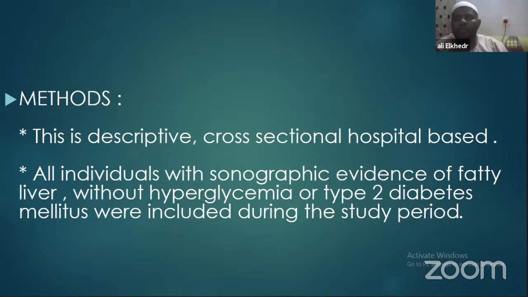They may have had an ultrasound scan for different reasons, but as a comment on their report, there were features of fatty liver. They called all these patients and tested them for high hemoglobin A1C percentage and hyperglycemia or glucose intolerance.